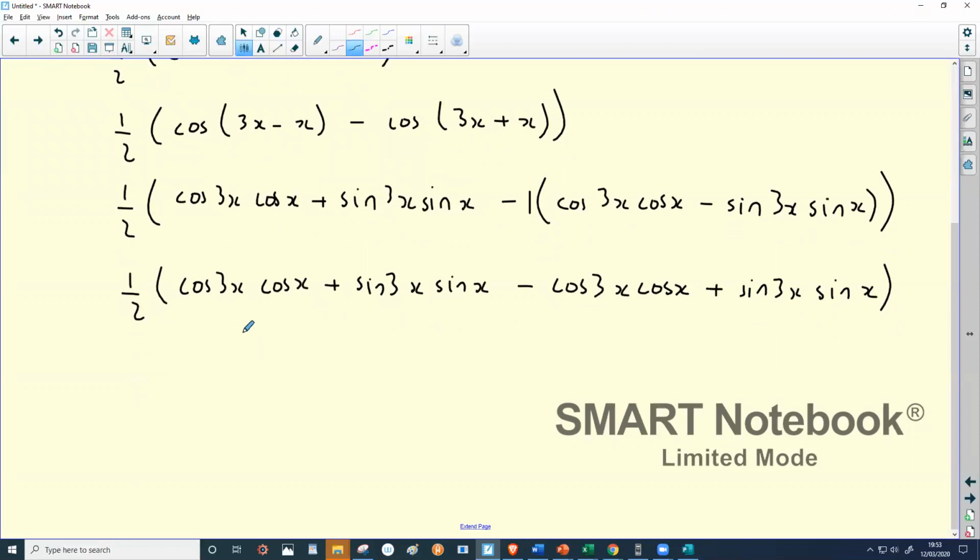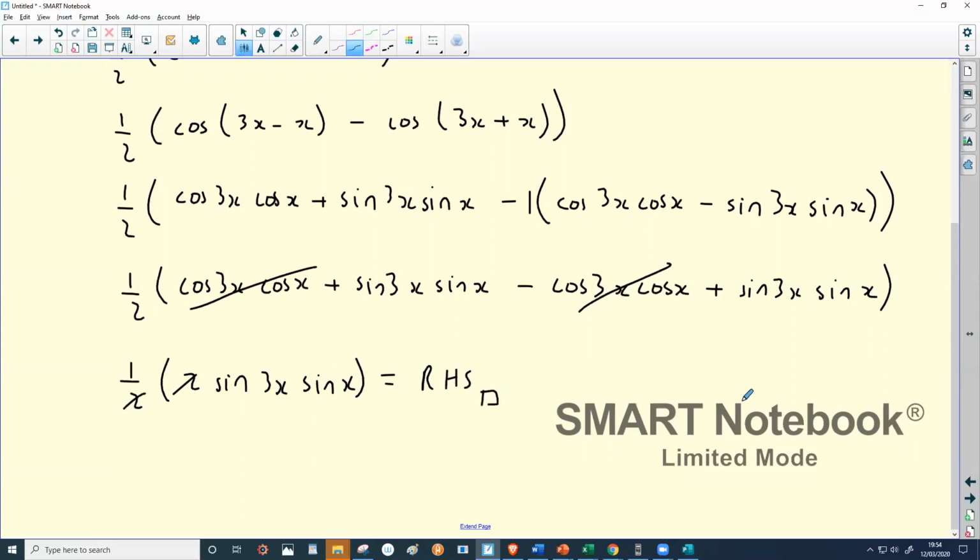And at this stage, we can see that this term here cancels out with this term. And we get a half times 2 lots of sin 3x sin x. And so now if I multiply the half in, the half is going to cancel with the 2. And that is equal to the right-hand side. And therefore it is the end of the proof.